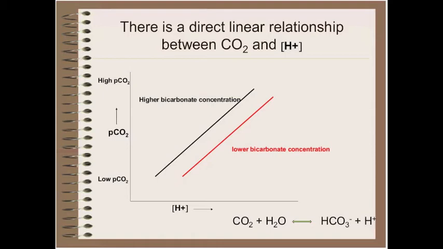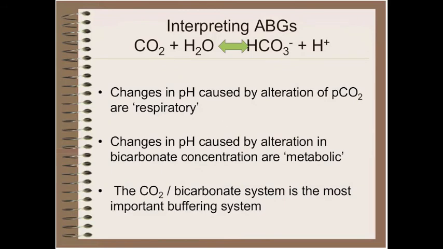And if there's an increased acid produced, for example, by the kidneys, that shifts things the other way. So at any point you get this straight line relationship between carbon dioxide and hydrogen ions. Changes in the acidity of the blood or changes in the pH, primarily caused by the carbon dioxide level either rising or falling, are called respiratory changes. And changes in the degree of acidity of the blood or the pH caused by alteration of bicarbonate concentration are metabolic changes.